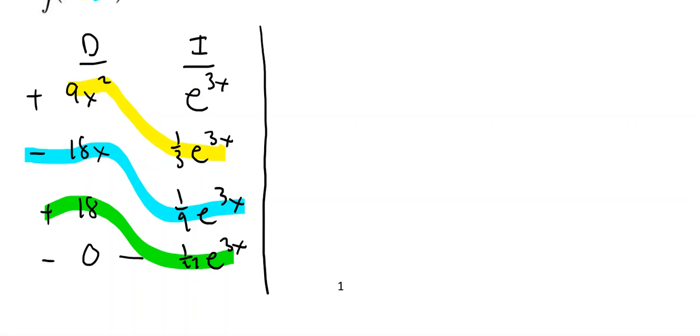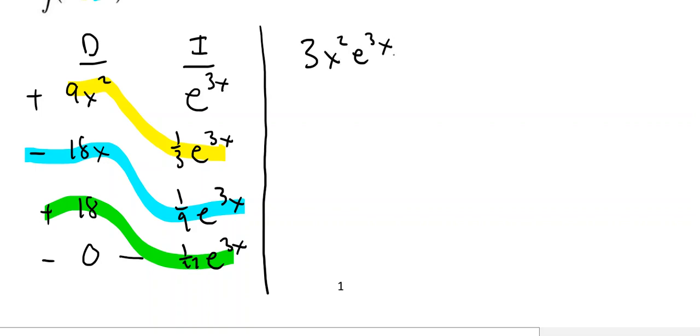So we have 9x squared times 1/3 e to the 3x. Well, the 1/3 and the 9 will cancel, so I'm going to have 3x squared e to the 3x. That's the yellow part. Then I'm going to have a minus 18 times 1/9, which is 2x e to the 3x.